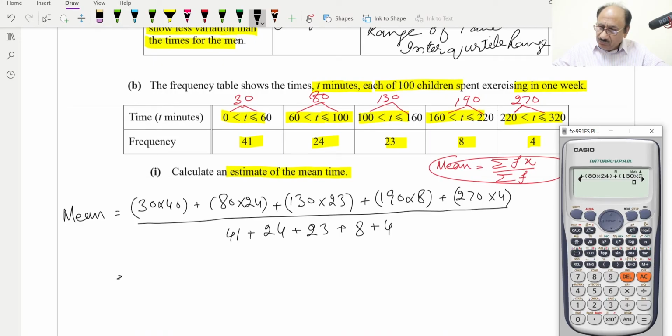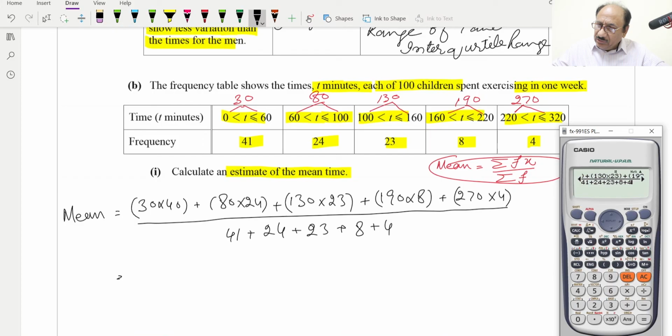After writing this, we will write the denominator 41 plus 24 plus 23 plus 8 plus 4, and this is equal to 87.1. We have to double check the calculations.